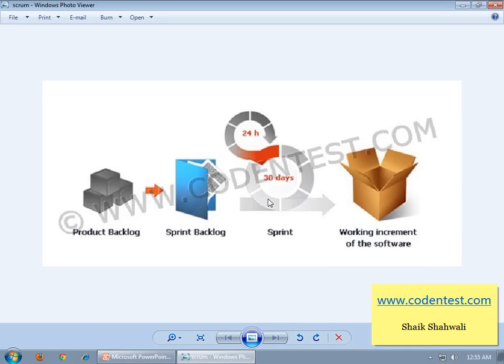A key part of the Scrum Master's role is to protect the team and keep them focused on the tasks at hand. The product owner will take care of the product backlog, and the sprint is headed by the Scrum Master, who is accountable for delivering sprint goals.